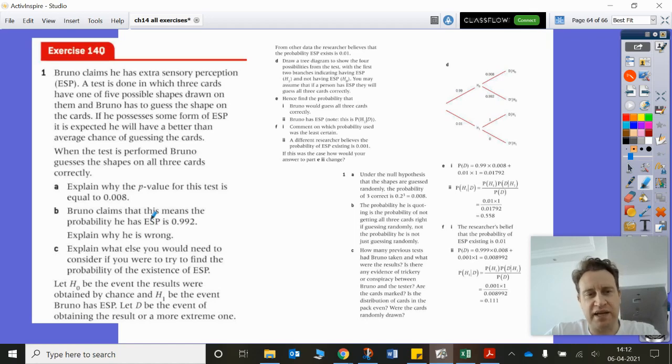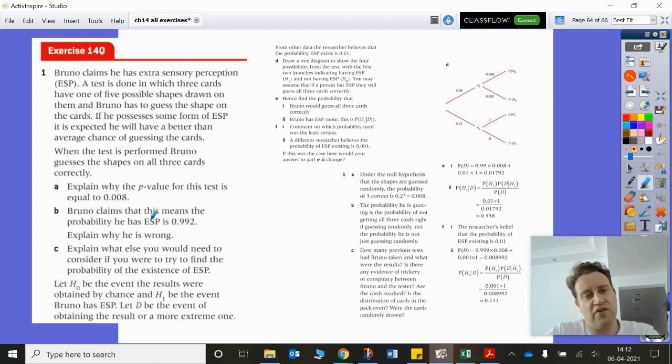So part C says, explain what else you would need to consider if you were to try and find the probability of the existence of ESP. Okay, well, they're not asking about whether or not he has ESP here. They're asking about the existence of ESP. If it's about him having ESP, then you think, well, we need to know about the prevalence of this in the population as a whole.